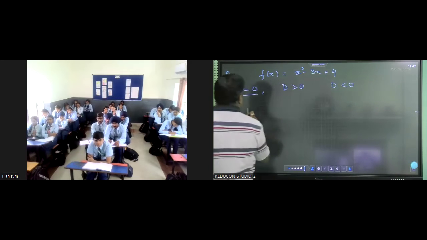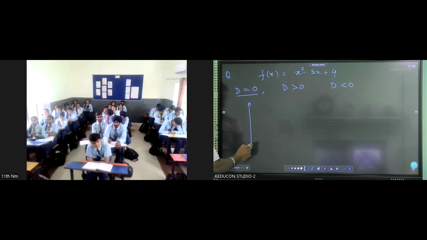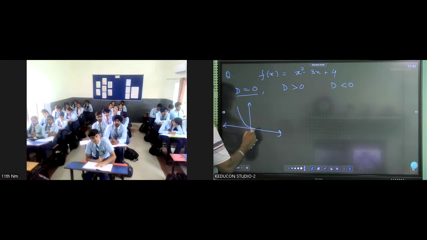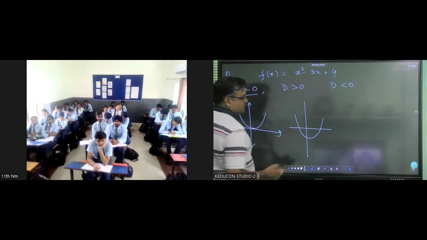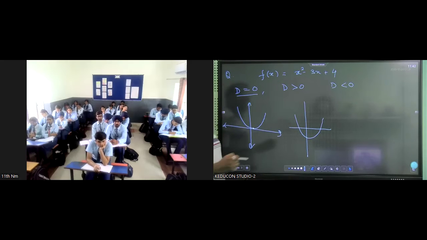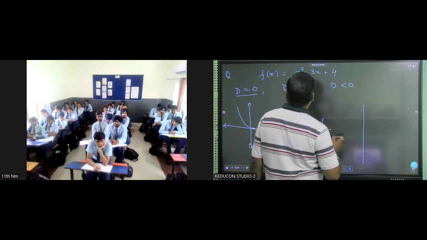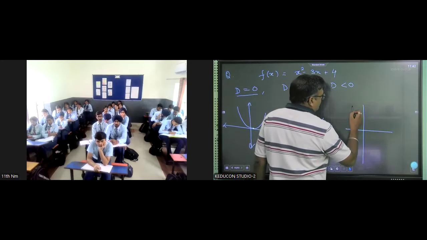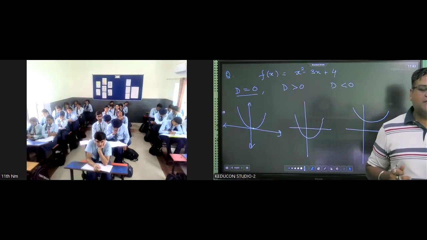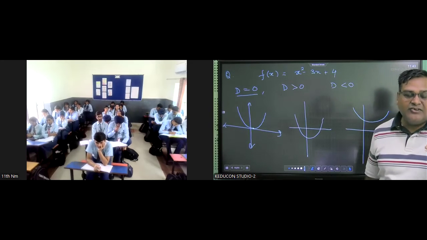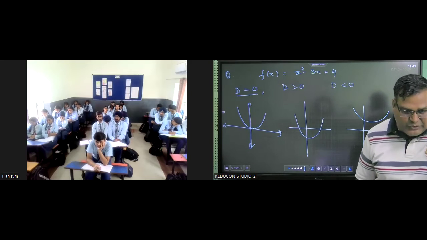If you have this case, तो ग्राफ किस तरह से बनता है बच्चों? देखिए जरा ध्यान से. It will cut only at, let's say, 1 point. इस point पे कट कर रहा है बेटा. This will be cutting at 2 points. Yes. And in this case, when d is less than 0, जब d less than 0 होता तो what we used to say कि no solution or imaginary solution.